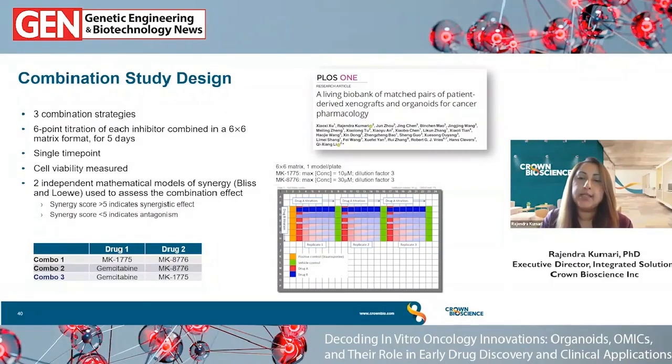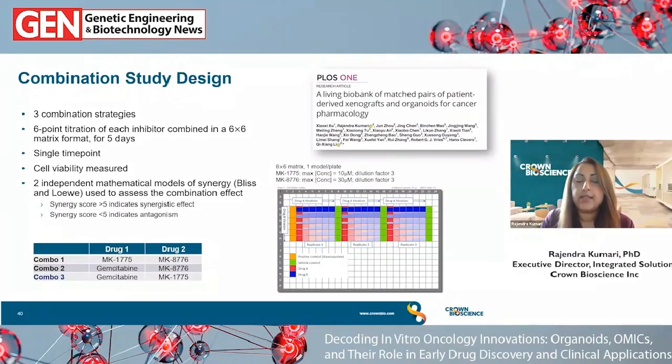And to analyze the data in a pharmacologically meaningful way, 2 mathematical models of synergy were used to assess that combination effect. So the first one is the Bliss independence model, which is expected to hold true for non-interacting drugs, which elicit a response independently. So this is looking at two different pathways, and it looks at the power of those two compounds together over monotherapy.